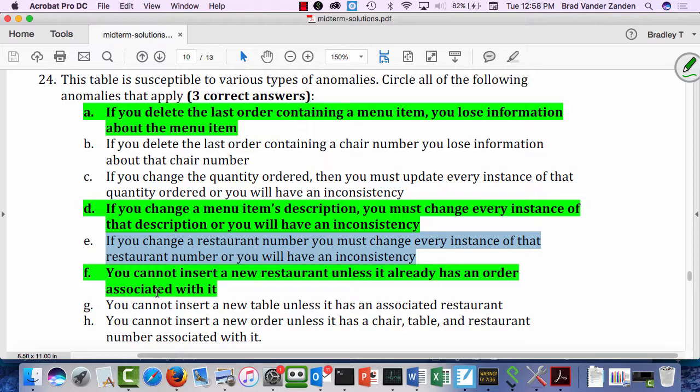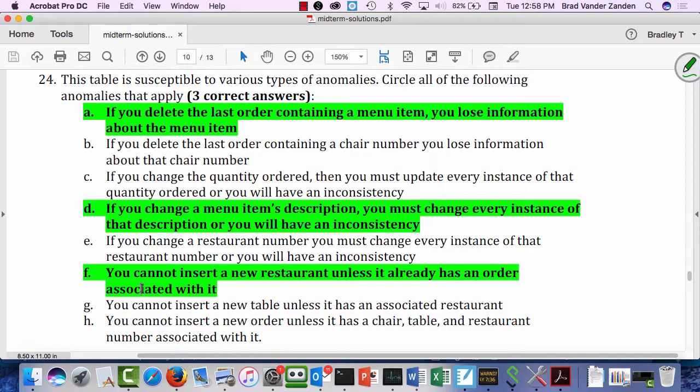And finally, you had 3 insertion things. So the only right one was a new restaurant. You can't insert a new restaurant unless it already has an order associated with it, because a restaurant is an entity. So a table is not an entity, therefore it doesn't matter that you can't insert it.